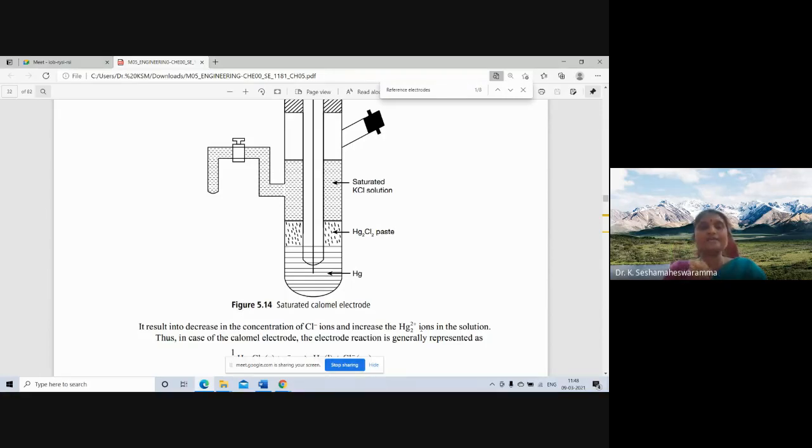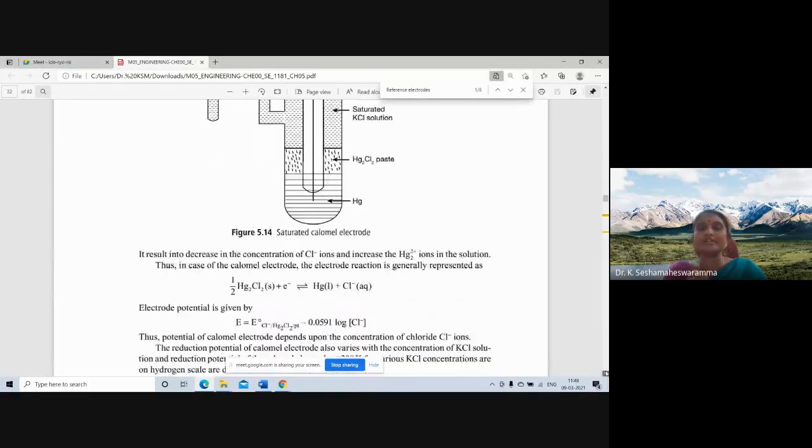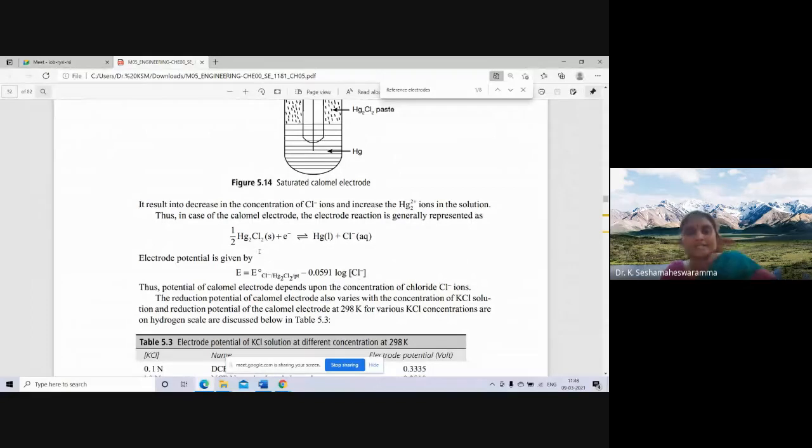Thus, in case of the calomel electrode, the electrode reaction is generally represented as: mercurous chloride solid took an electron, converted into mercury liquid and chloride ion aqueous.